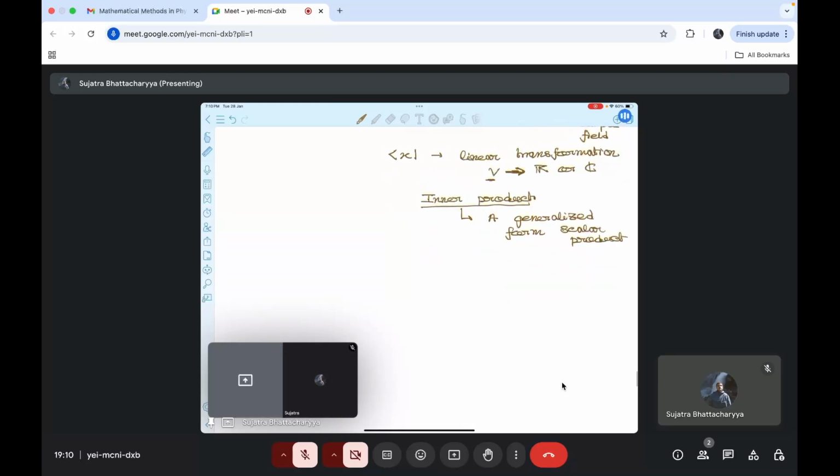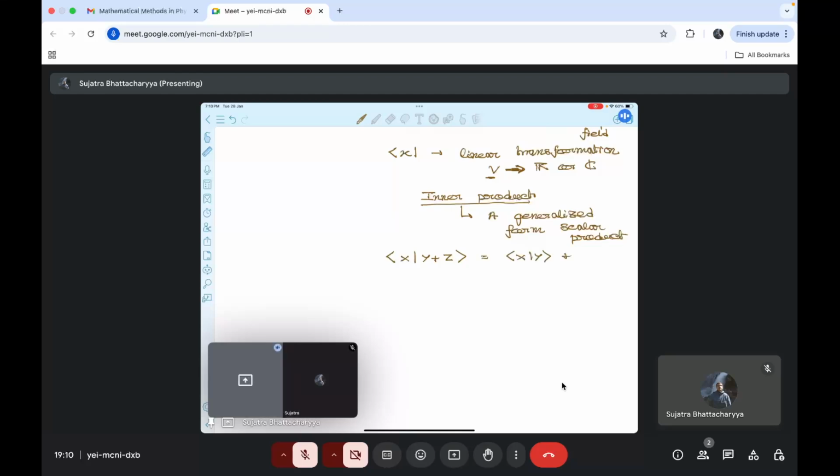So how can we write this? x, and suppose this is y plus z, I can write this as x y plus x z. Similarly, x times cy. See, this part is a vector and this is the linear transformation. So this is the transformation, I would say transformation operator, and this is the vector.